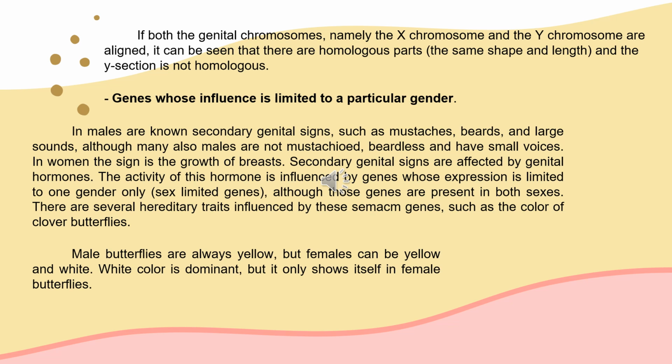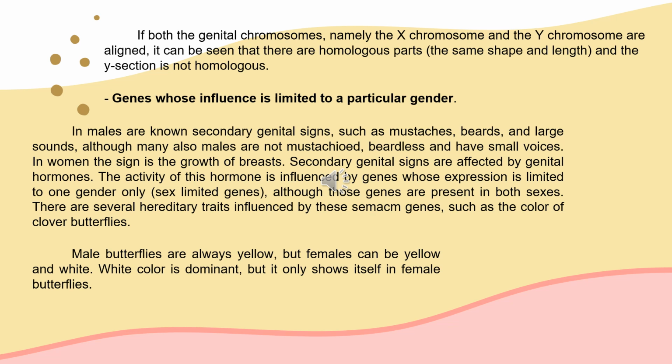In women, the sign is the growth of breasts. Secondary sex signs are affected by sex hormones. The activity of these hormones is influenced by genes whose expression is limited to one gender only, or sex-limited genes.